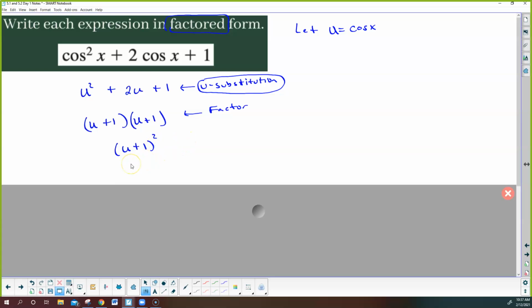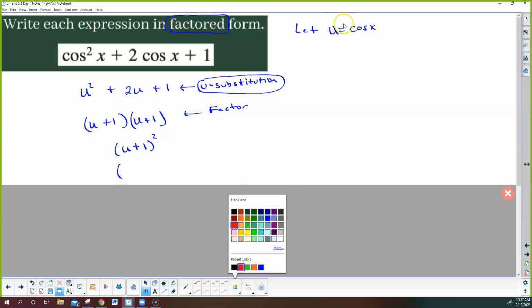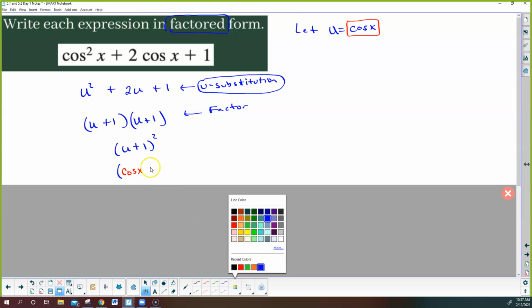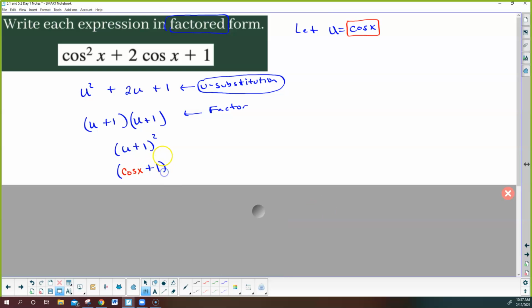And then the last piece is we know what u is. We went up here and said, wait a minute, u is actually cosine. So cosine of x plus 1 squared is what this original expression factors down to.